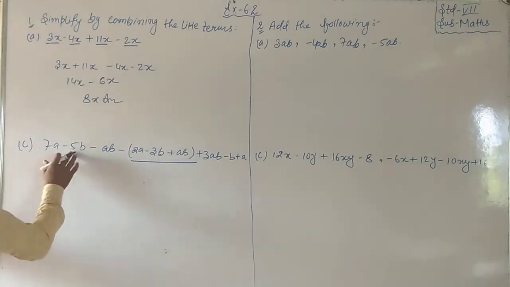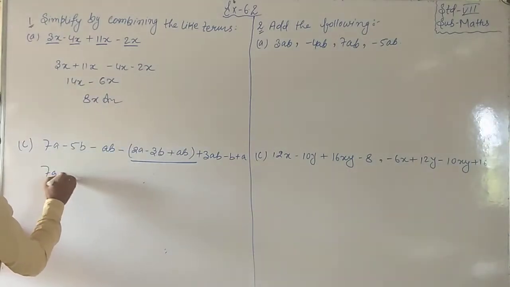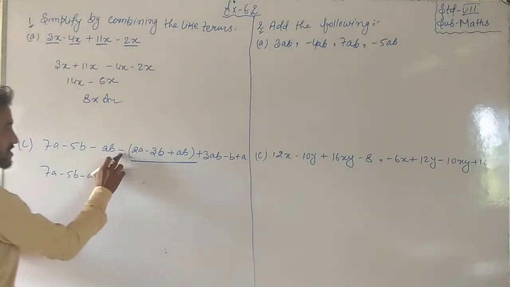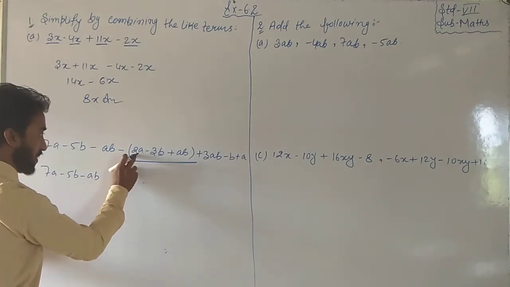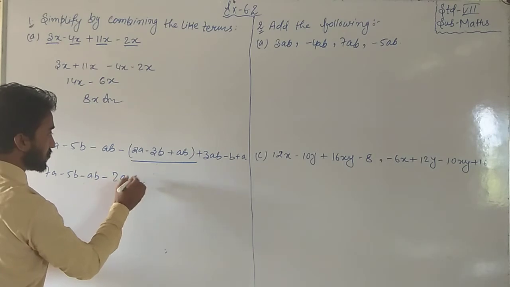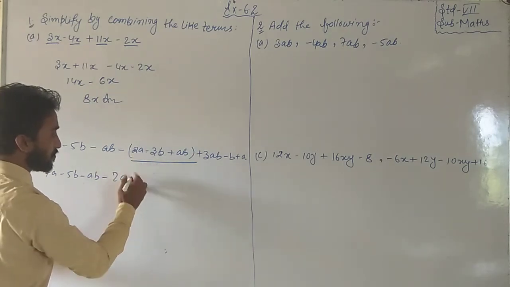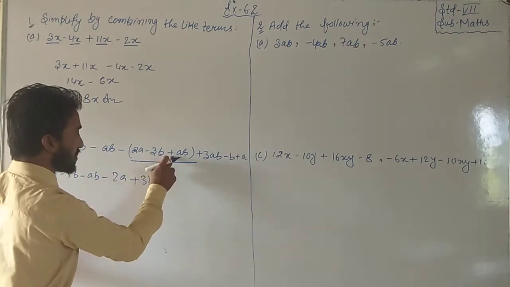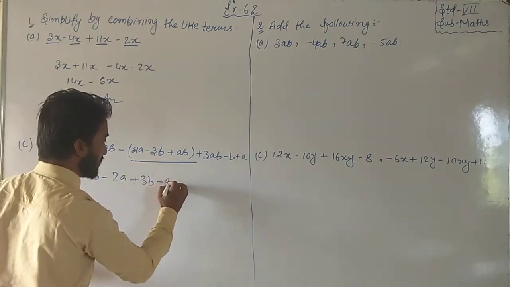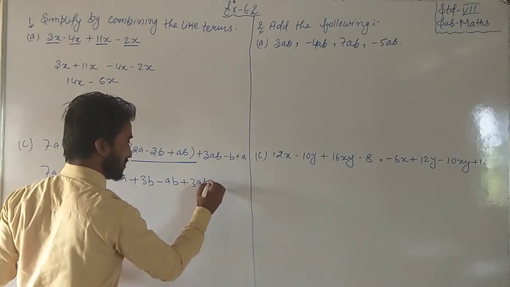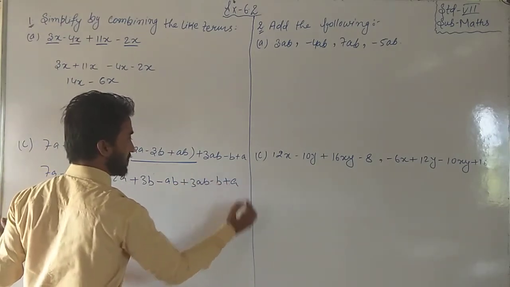Let's see what the answer will become. First, 7a minus 5b minus ab. Now this minus will multiply by 2a, so minus 2a; minus times minus 3b gives plus 3b; minus times minus ab gives plus 3ab, minus b plus a.